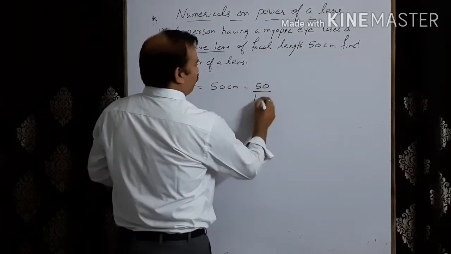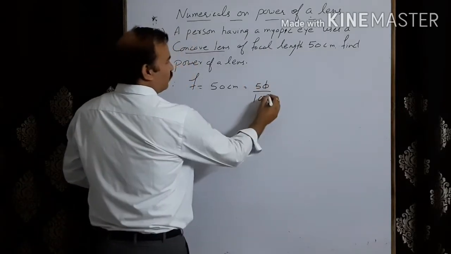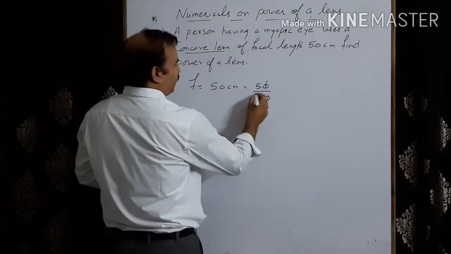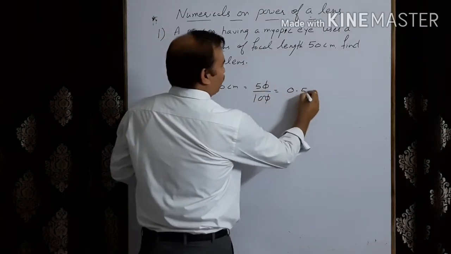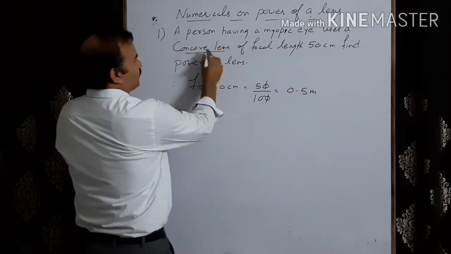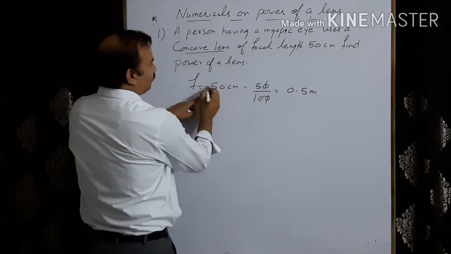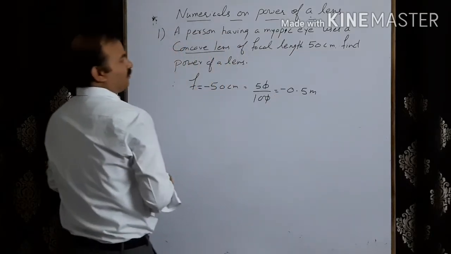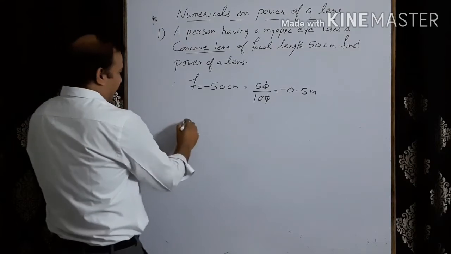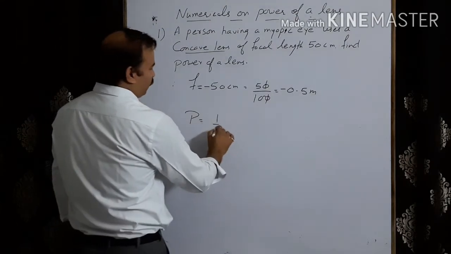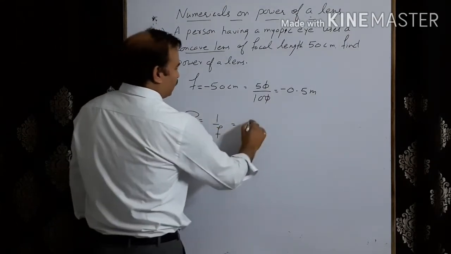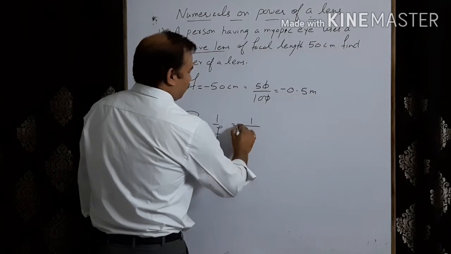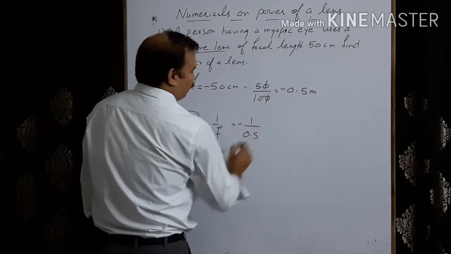So 50 upon 100 will become 0.5 meter. Now this is a concave lens, so this should be in minus, and the answer will also come in minus. Next is the power. Power is equal to 1 upon focal length, that is 1 upon minus 0.5.